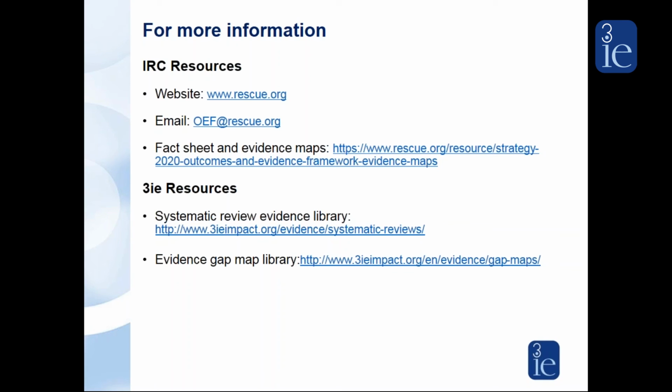There are also many external users. The EPI Center, which produces a lot of systematic reviews, has been using the IRC's maps as well as 3IE's maps to decide where to invest in new systematic reviews, which is a very traditional use of an evidence map.